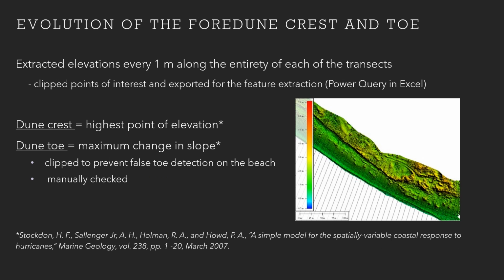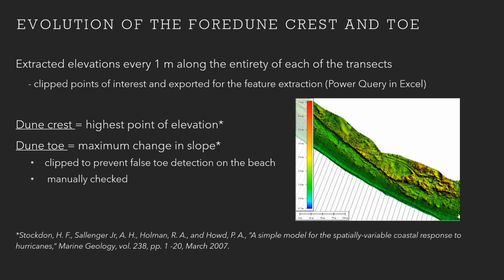Finally, moving into using GlobalMapper to extract foredune crest and toe. So I generated transects that were 10 meters apart along shore for the entirety of the island. And for each transect, I extracted elevation data at every 1 meter distance along the transect.